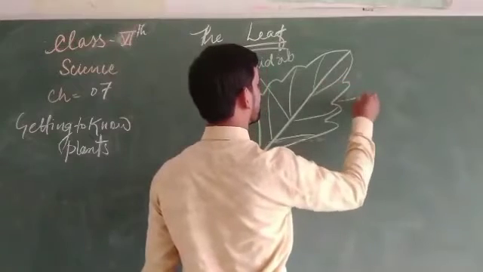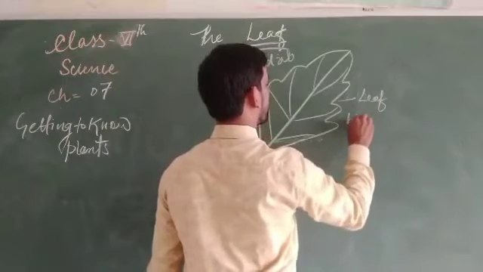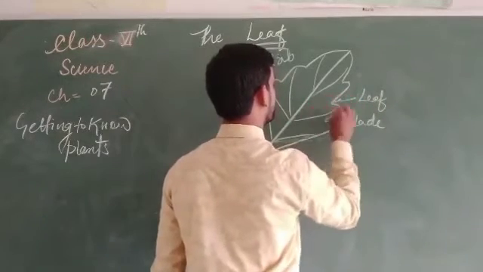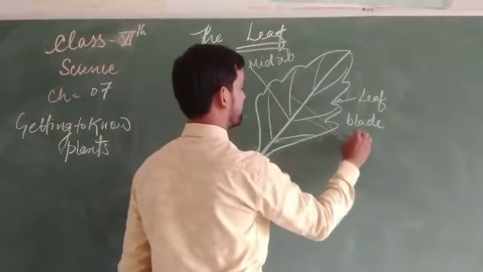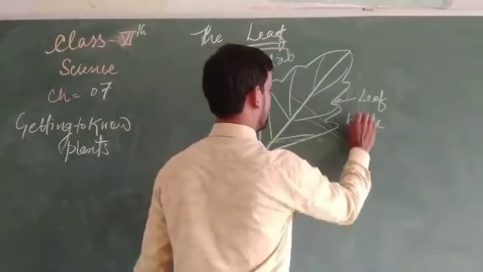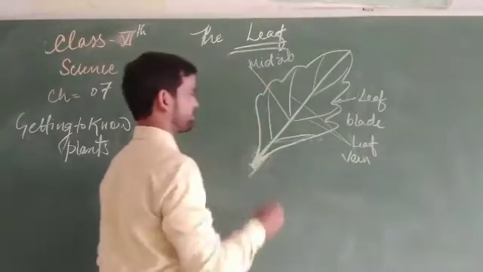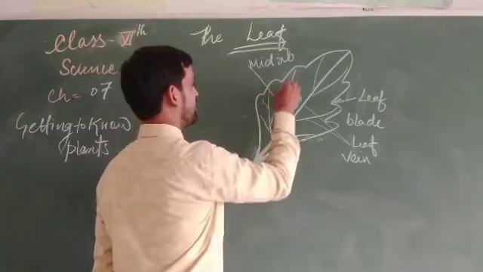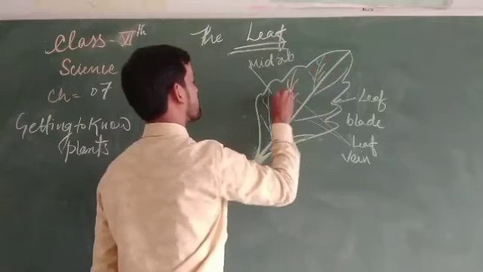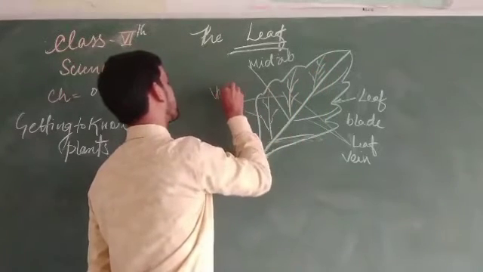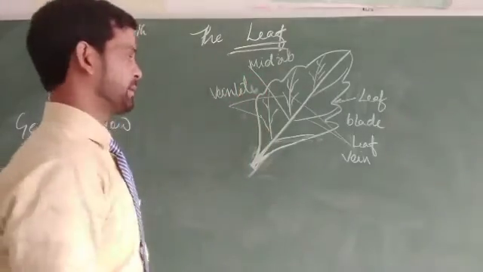This one is called the leaf blade. Here you can see this type of structure is called a vein, the vein of a leaf. And a smaller, drop-like structure is called a ganglet.